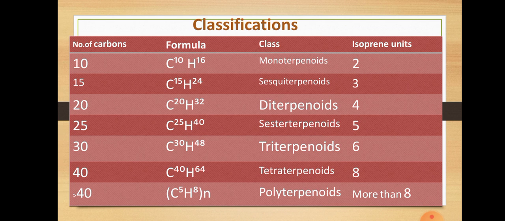In the same way, diterpenes have 20 carbon atoms but 4 isoprene units. Sesterterpenoids have 5 isoprene units and 25 carbon atoms. Triterpenoids have 30 carbon atoms, but their isoprene units are 6, because each isoprene unit has 5 carbon atoms.